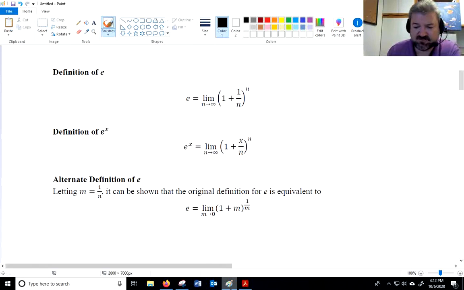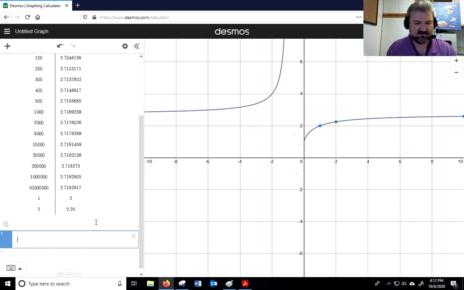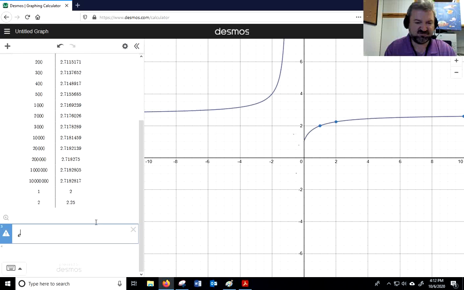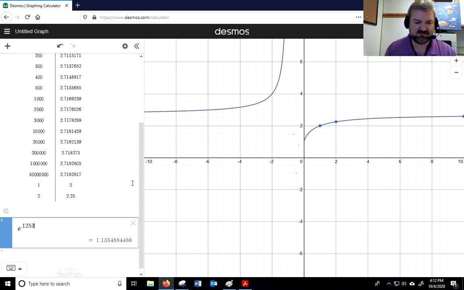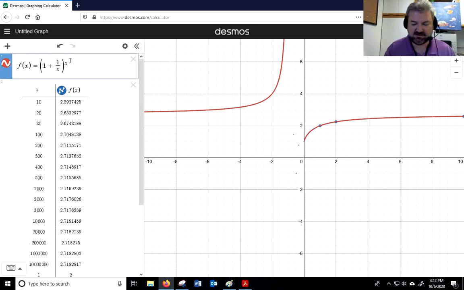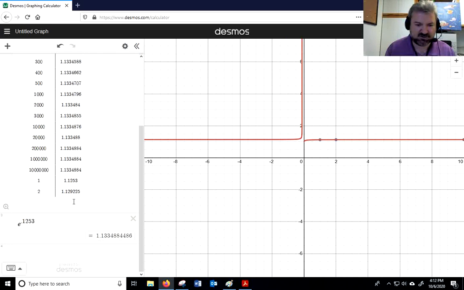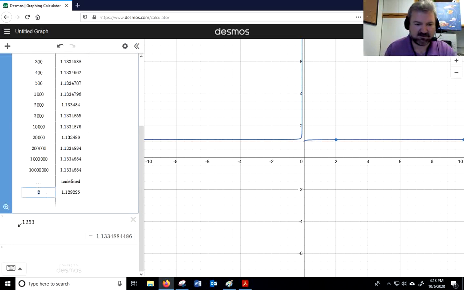So, for example, let's go back and compare e to the x now. Let's do 0.1253 in the table, and over here I'm going to put in e to the 0.1253. It should converge to roughly the same number. 1.1333.